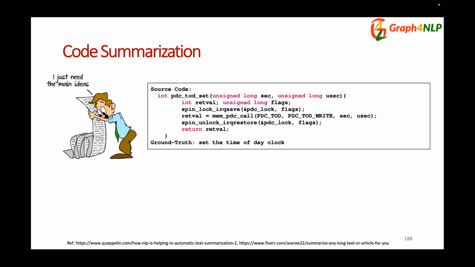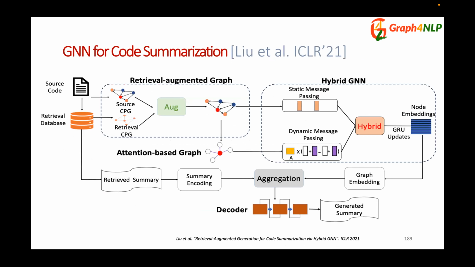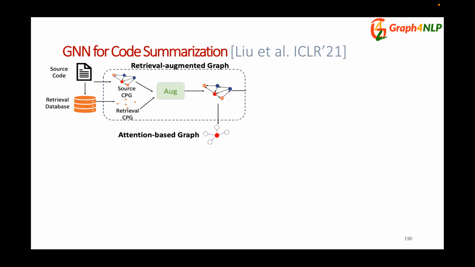This task aims to generate a natural language sentence which can summarize the input piece of code. This ICLR 2021 paper also applied the GNN-based graph to sequence framework for the code summarization task. Specifically, as for the graph construction part, they proposed to combine the static code property graph and the attention-based dynamic graph.